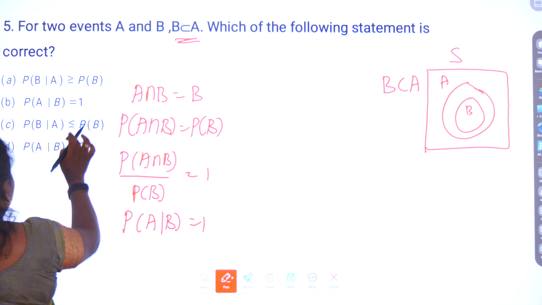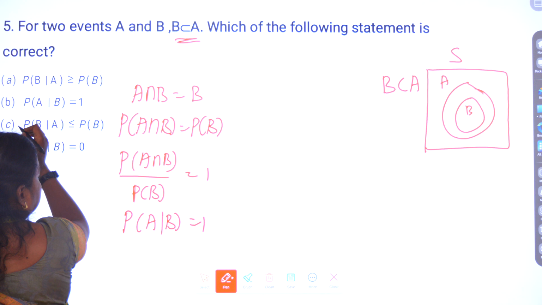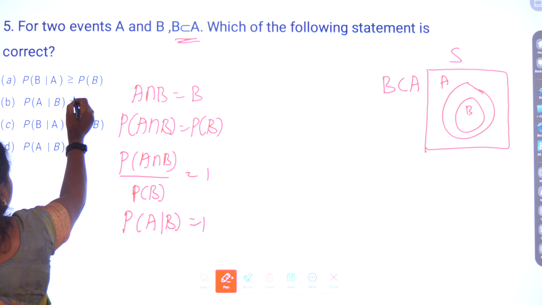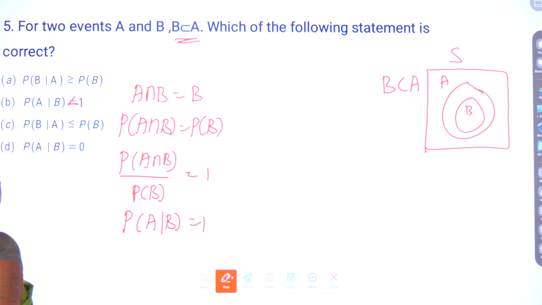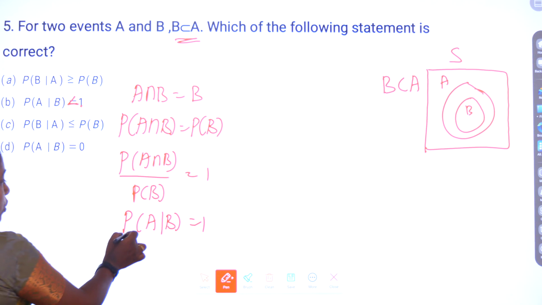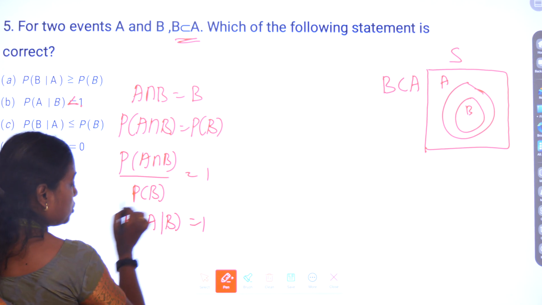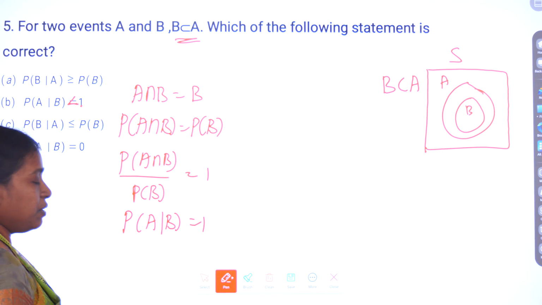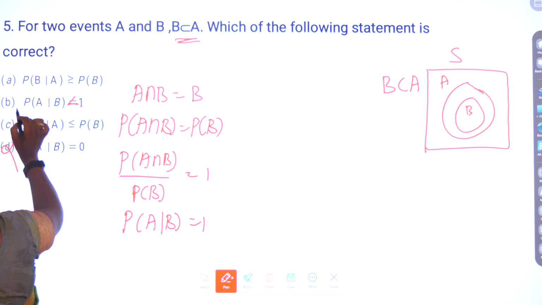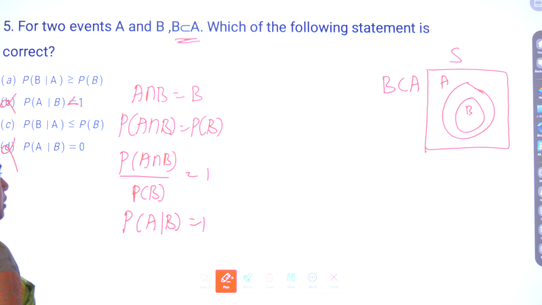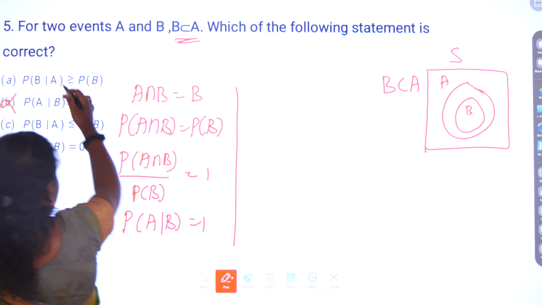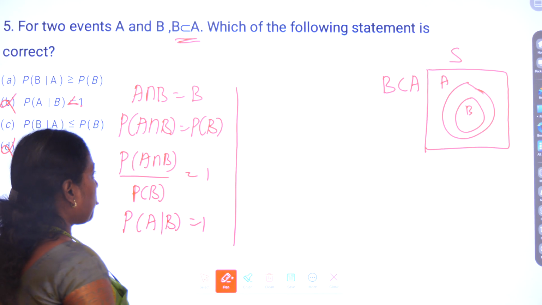So this option is not applicable because it says P of A given B is equal to 0, and this one is also not applicable because it says P of A given B is less than 1. Now we have to check the other two conditions.